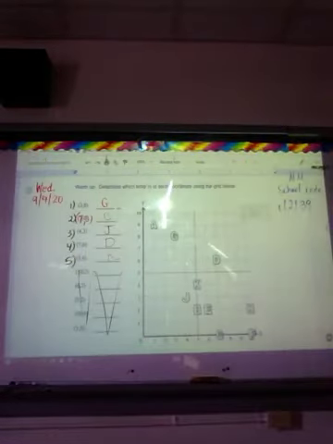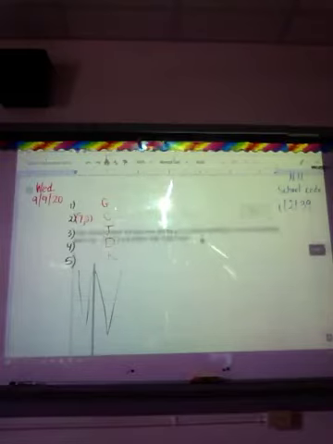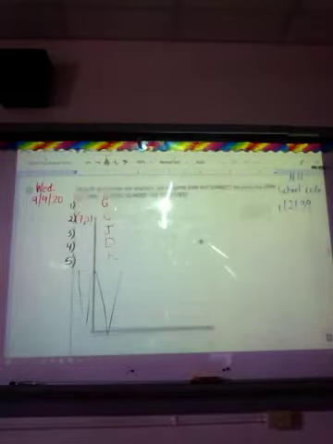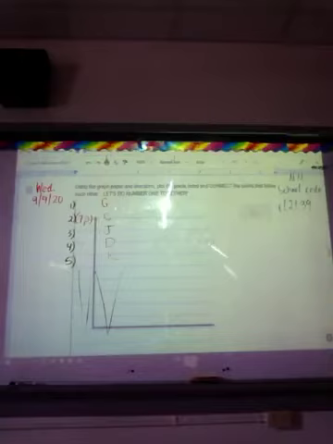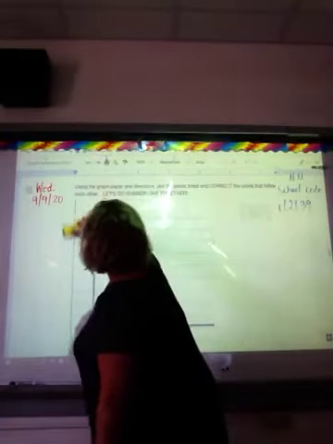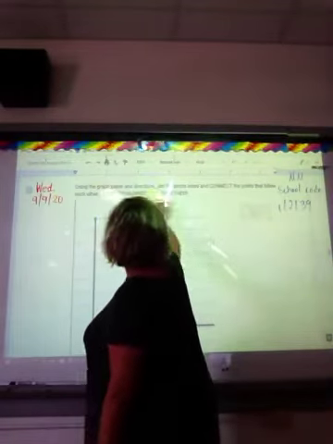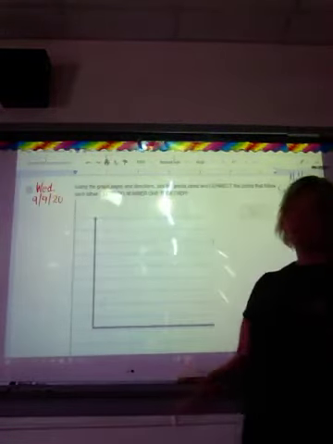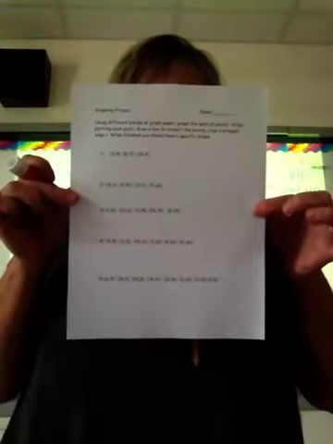Alright, let me get my slide changed. Okay. And I'll erase up here. You should have that has graph paper in it, like half sheets of graph paper, something like this, and a project sheet that looks like this.